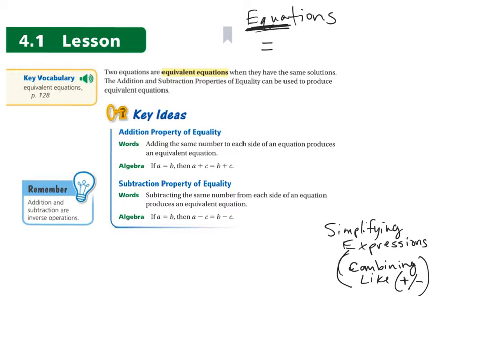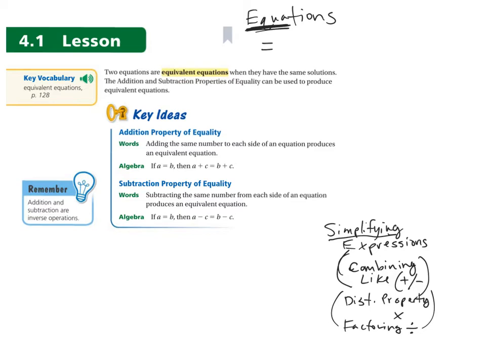We learned about distributive property, right, which was multiplication, and we learned about factoring, which was basically division. Okay, so with expressions, we were just simplifying them.